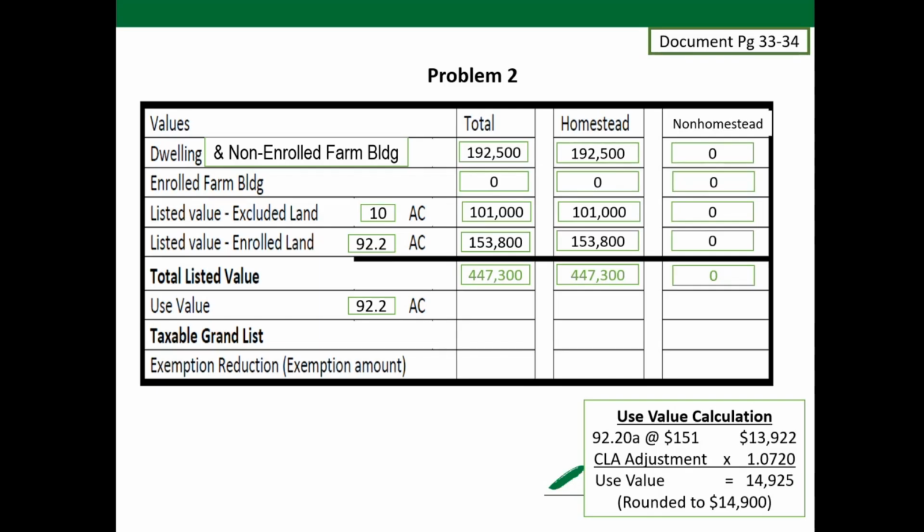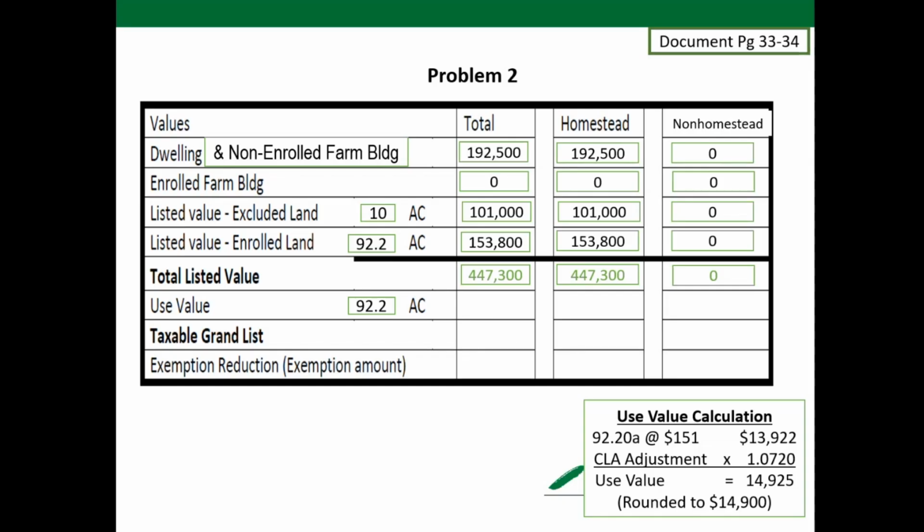I'm going to go ahead and do my use value calculation, which in this case, we said we had 92.2 acres of forest land, which is valued in our example at $151 per acre. So 92.2 times 151 is 13,922.